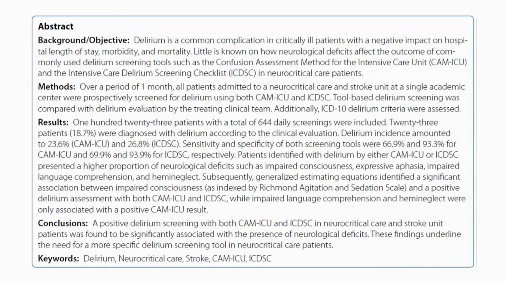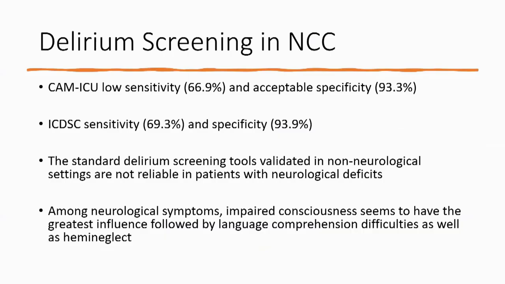So what this article ultimately concluded is that in a neurological patient population, you need screening tools that are a little bit more specific than the CAM-ICU and the ICDSC. Because the sensitivity in our patient population with the CAM-ICU is low, it's about 66.9, not really that different from the ICDSC, which looked like it might be slightly superior to the CAM-ICU in detecting delirium in this patient population.